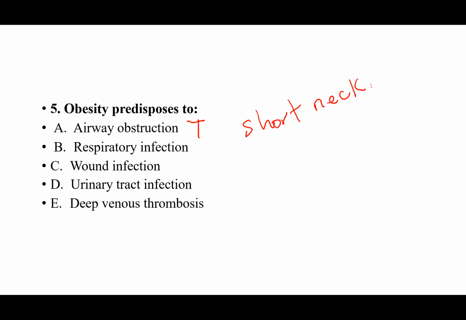B, respiratory infection. True. Why? Why do they have respiratory infection? Because they are fat. Fat tissue predisposes them to infections.